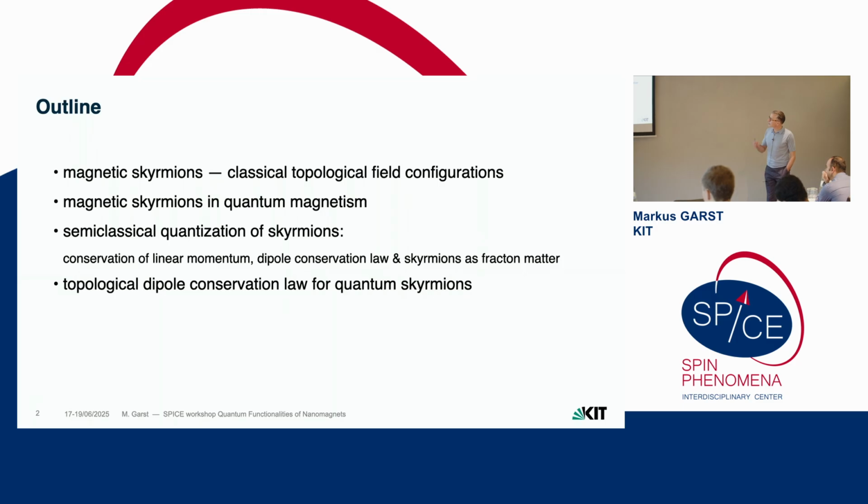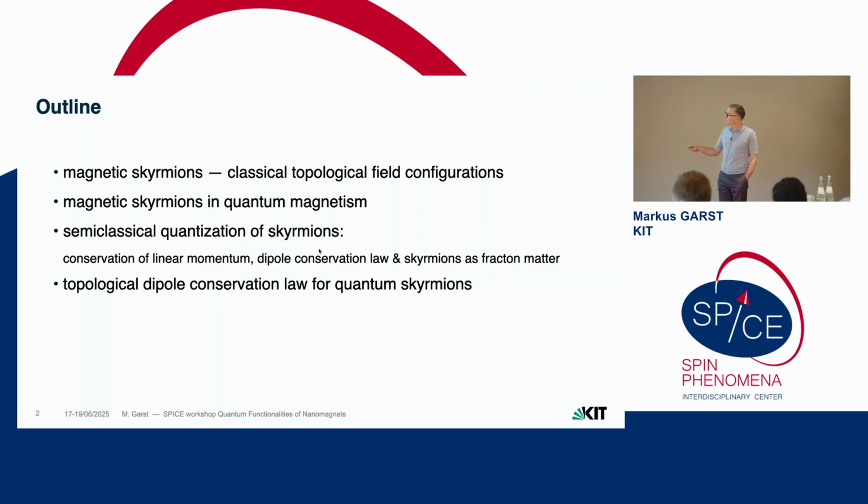Yeah, so let me start with the outline. That's the plan of this presentation. I will start very shortly with magnetic skyrmions on the classical level. They are classical topological field configurations. Then I will take more or less the opposite extreme limit, asking what skyrmions actually are in the context of quantum magnetism.